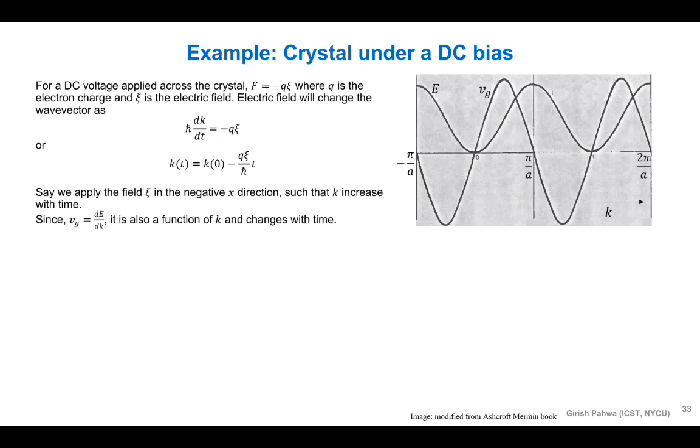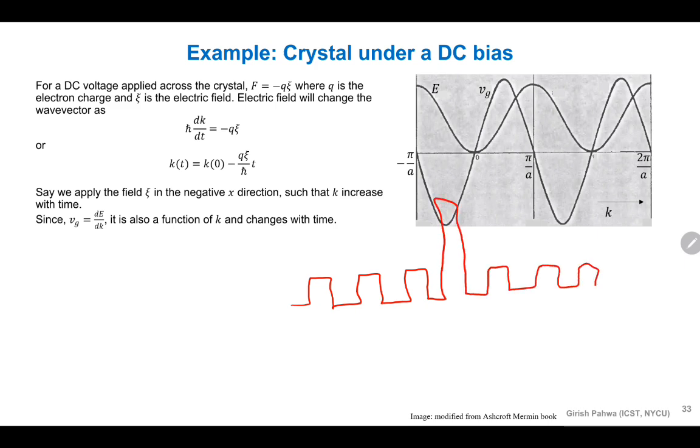And what will that bump do? So if you have a defect, you have a crystal and then you get this bump suddenly. So this is a defect. What will this do? This disturbs the periodicity.